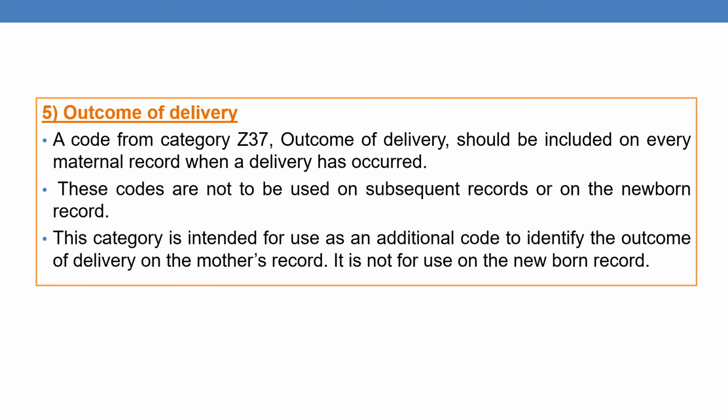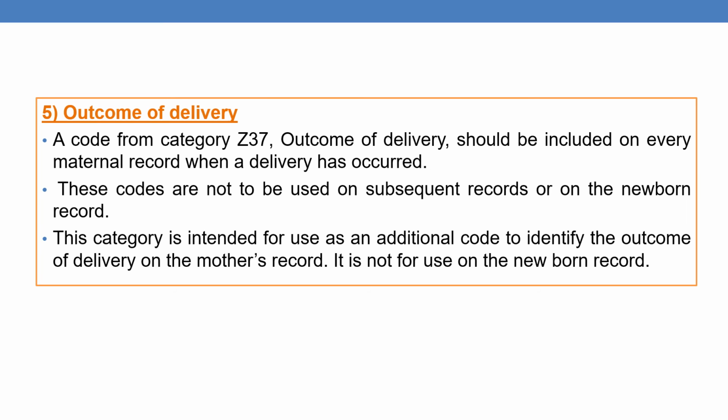Now finally coming to outcome of delivery. A code from the category Z37, outcome of delivery, should be included on every maternal record when the delivery has occurred. These codes are not to be used on subsequent records or on the newborn records.